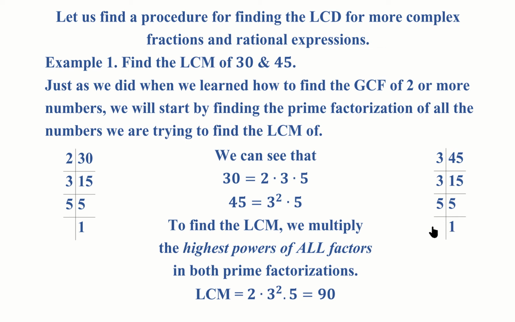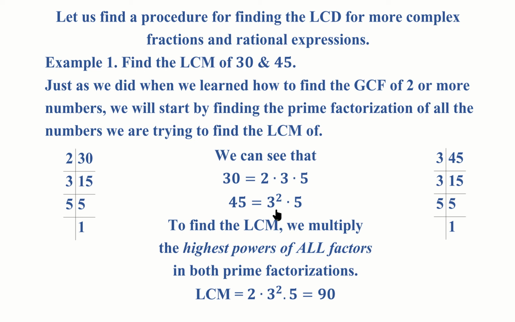Here we would say 1, 1, 1, 1. It would be an endless loop. So that's why we purposely designated 1 as not a prime number. All right. So we can see that 45 is 3 squared times 5.